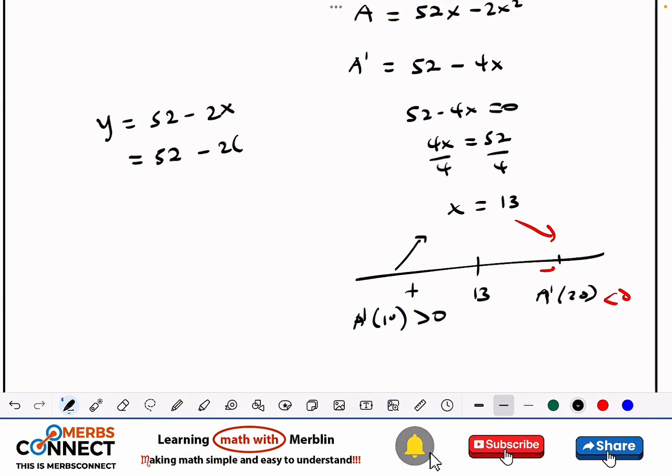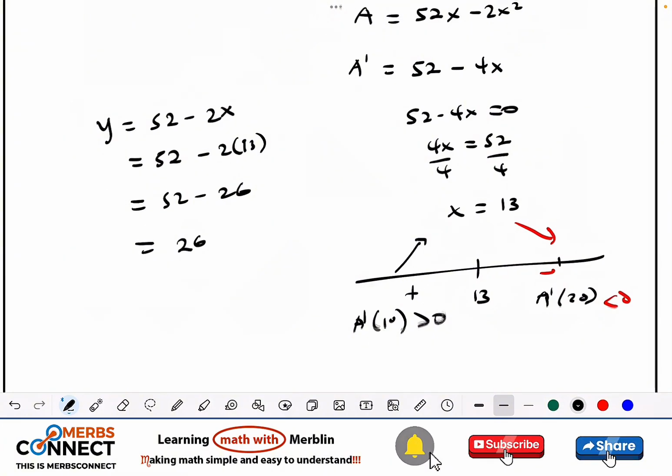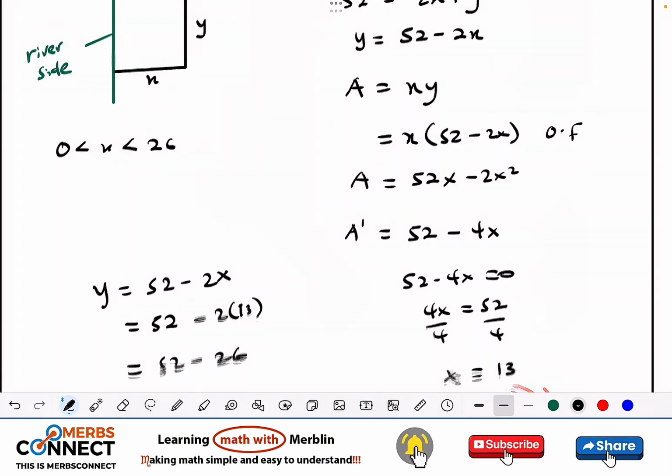So 2 times 13, and this is going to be 52 minus 26, and this is going to give us 26. Yeah, so we are going to get 26. Yes, of course, that is supposed to be true. So y should be 26.